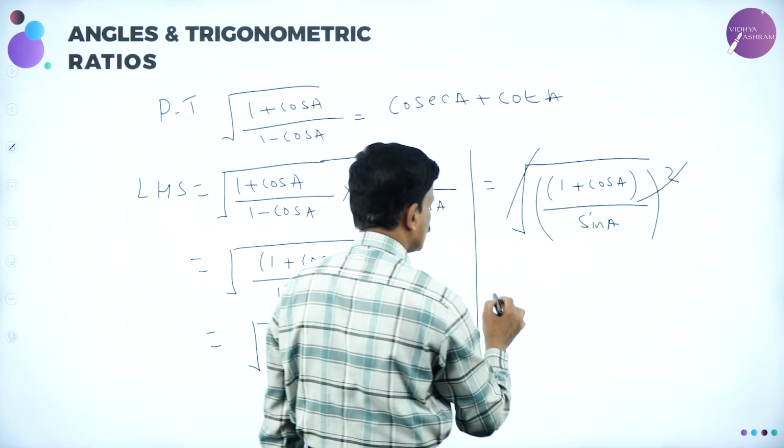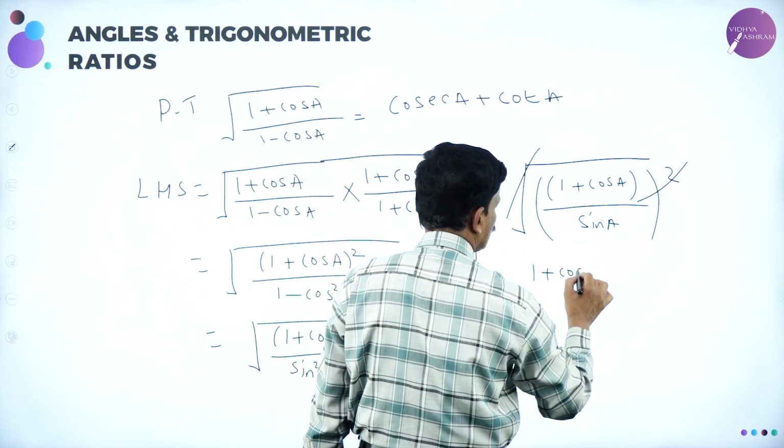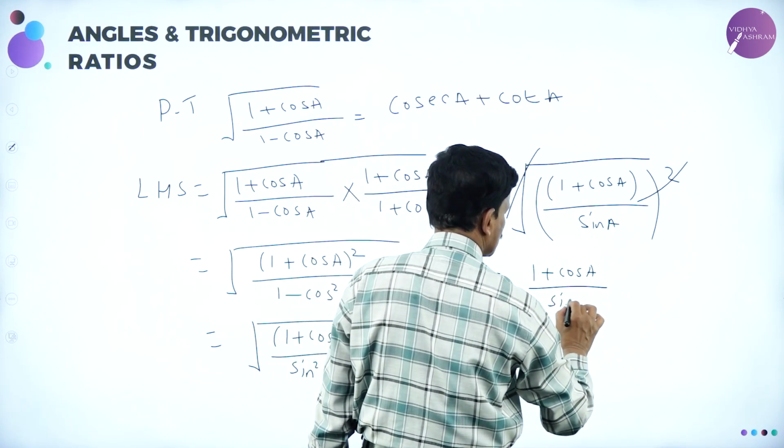So square and square root get cancelled. What is left over is 1 plus cos A divided by sin A.